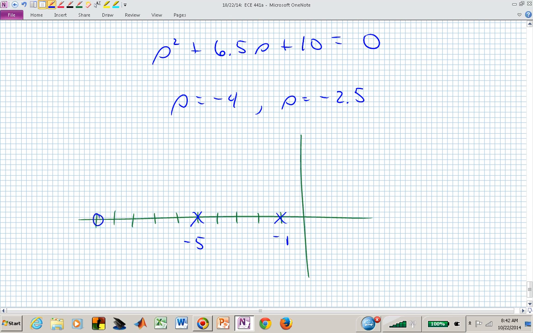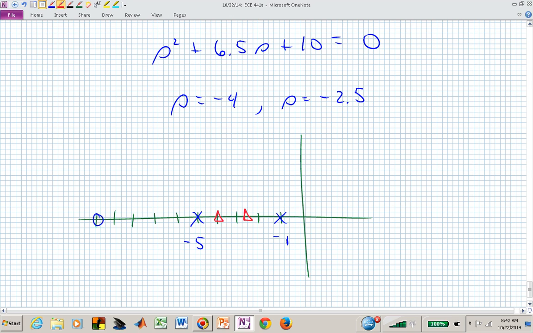And where did our closed loop poles, which I will now indicate by triangles, move to? They're right there, didn't they? One is at -2.5, and the other one is at -4.